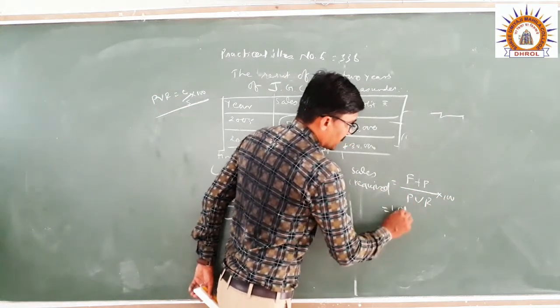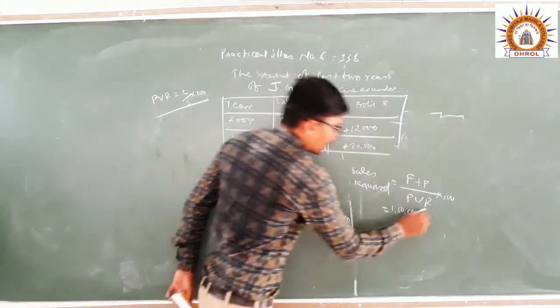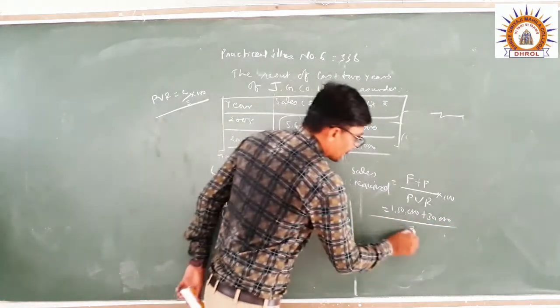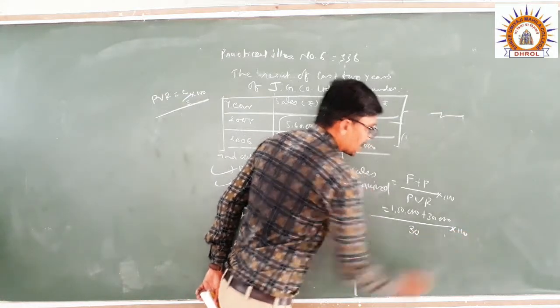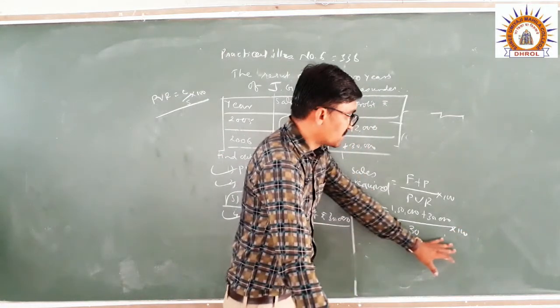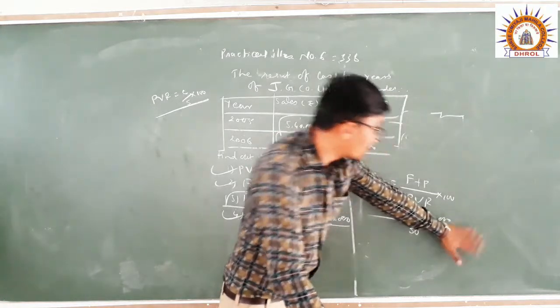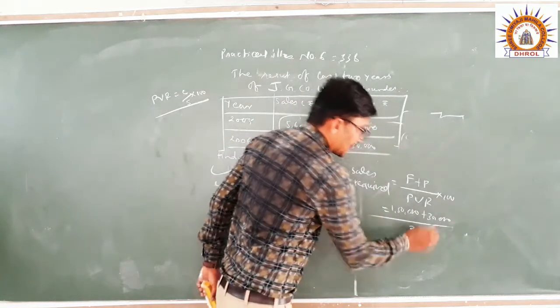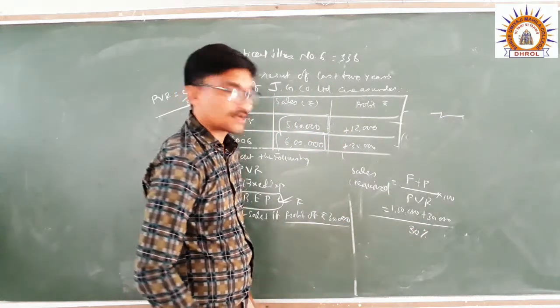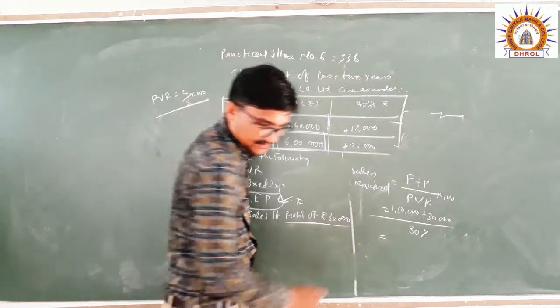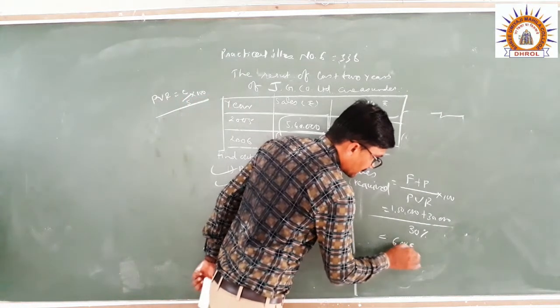So F is the same 1,50,000, the amount of profit is 30,000, then divided by PVR 30 multiplied by 100. Suppose you cannot use 100 here, then you put the percentage sign near 30. So the answer is 6 lakhs rupees.